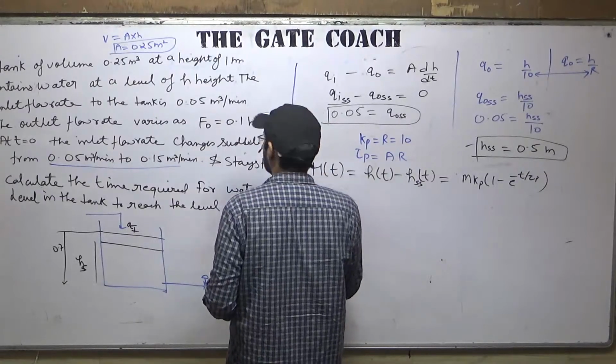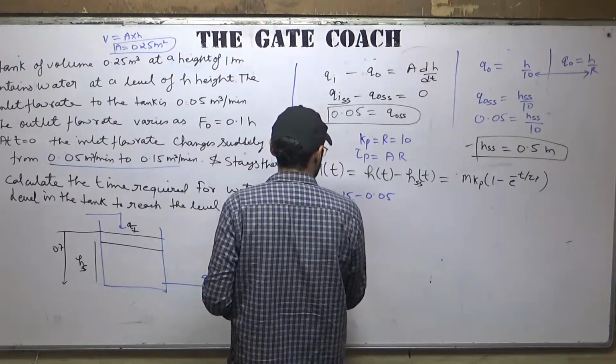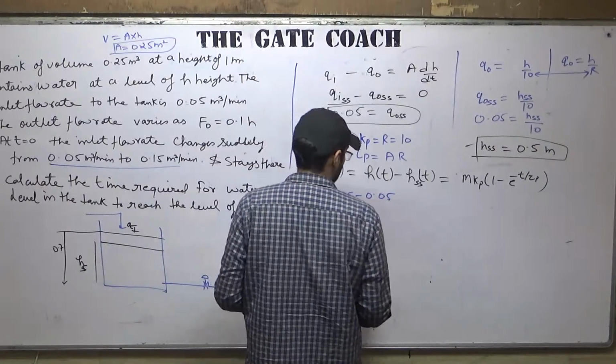So M equals 0.15 minus 0.05, which equals 0.1.